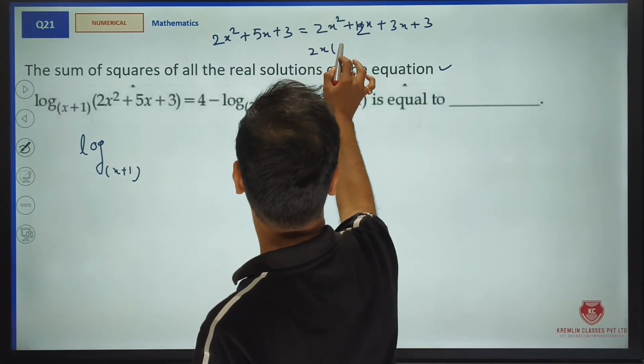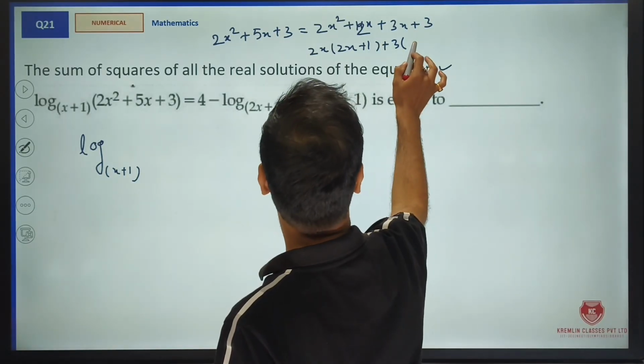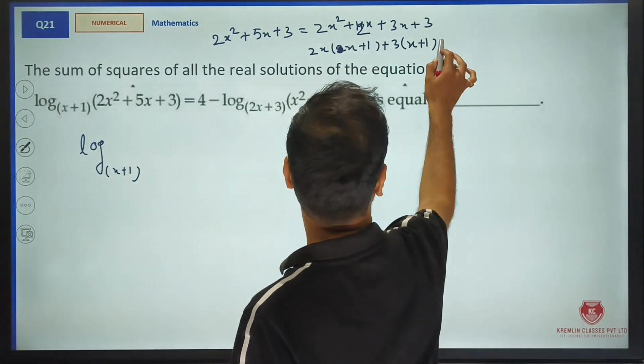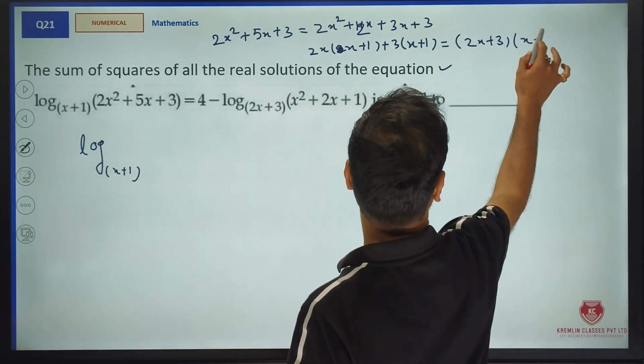Okay, 2x plus 1 plus 3, x plus 1. So the factor is like this: 2x plus 1, 2x plus 3, x plus 1.